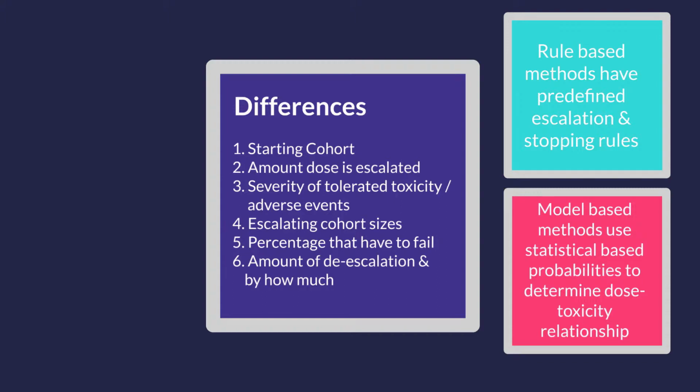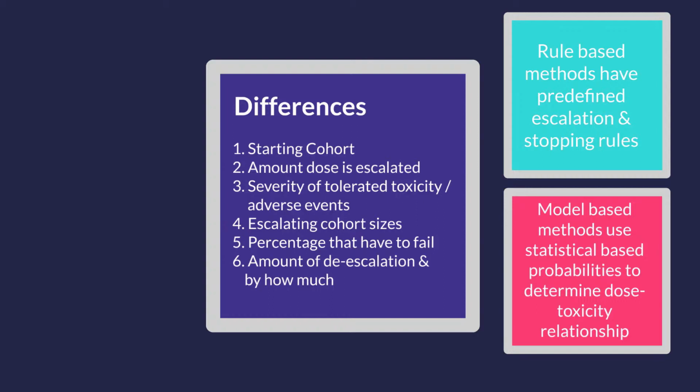How is this going to be administered? The basic difference is rule-based methods have predefined escalation and stopping rules. You will know before you start when you'll need to stop and how much you'll escalate. Model-based methods use statistical-based probabilities to determine the dose toxicity relationship.